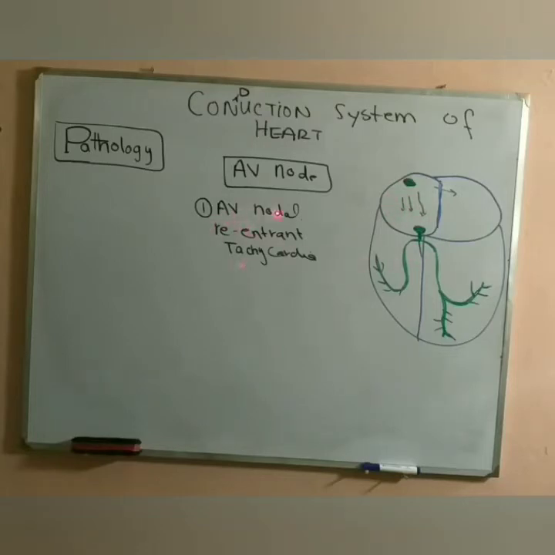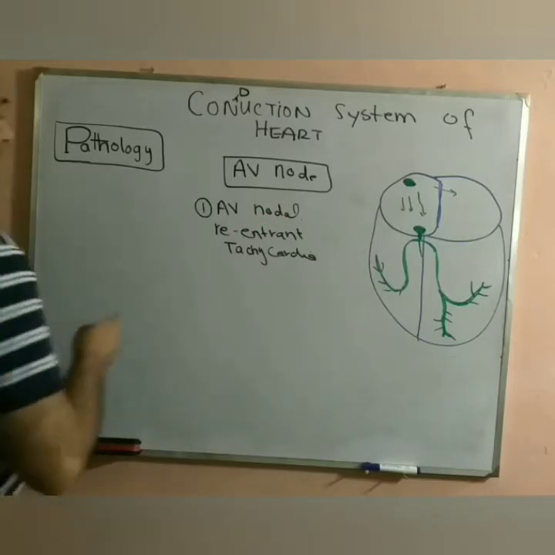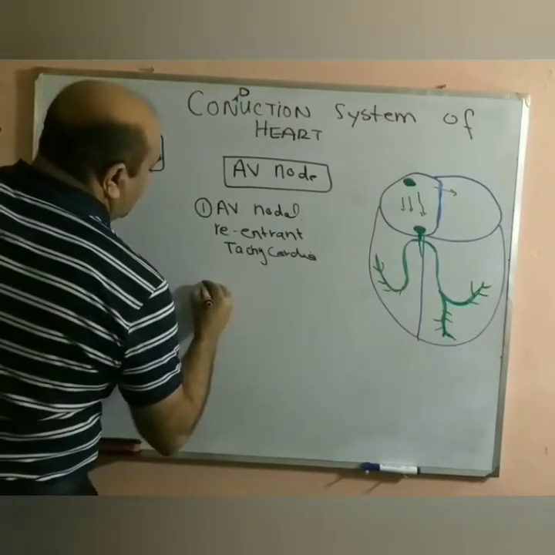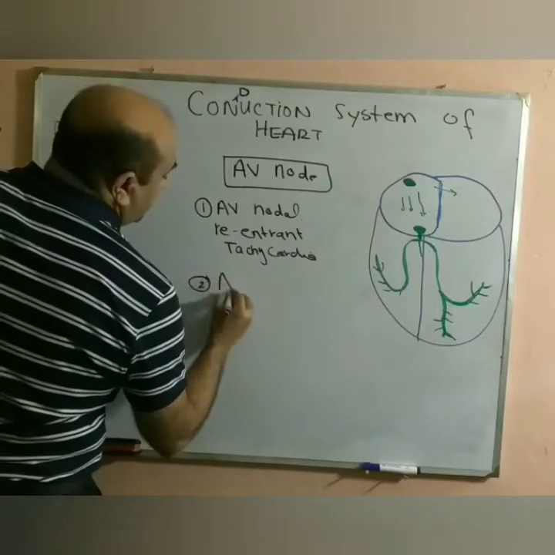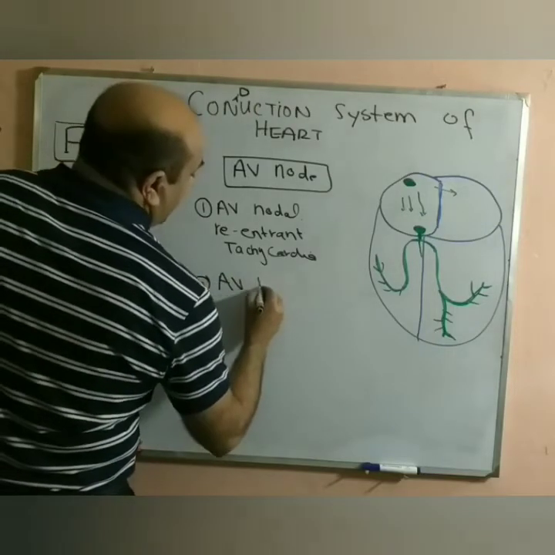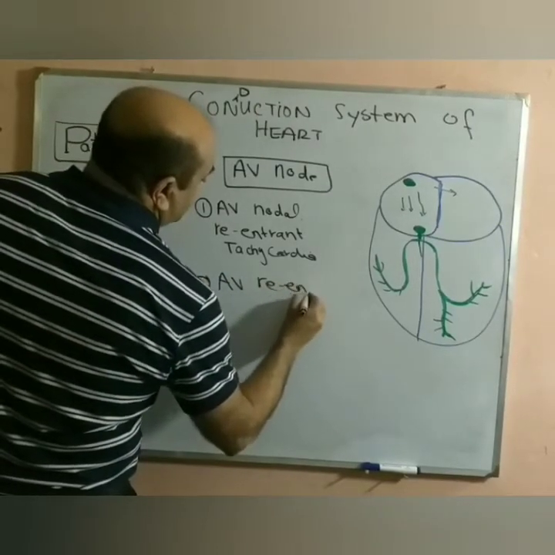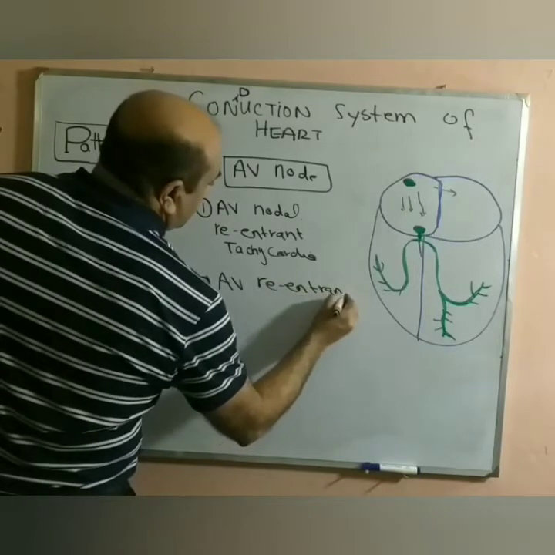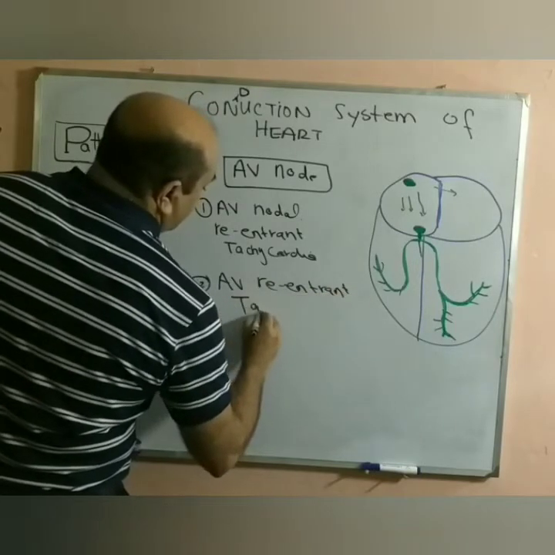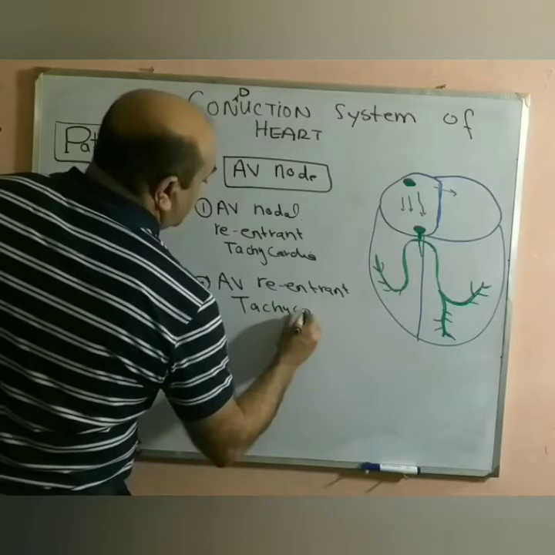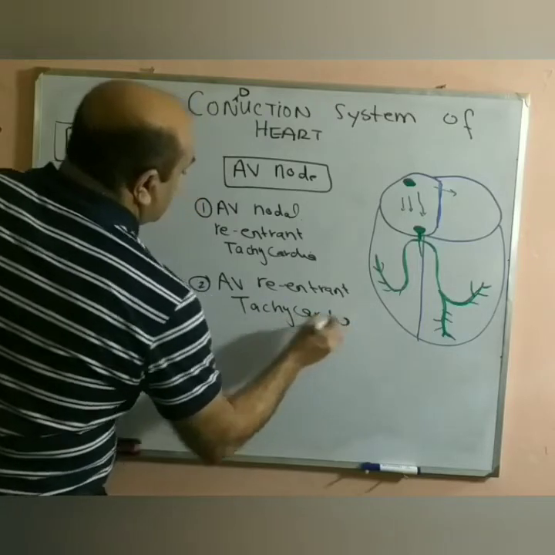This is known as AV nodal reentrant tachycardia, and there is another disease we call AV reentrant tachycardia. This is again a disease which is associated somehow with the AV node. How?